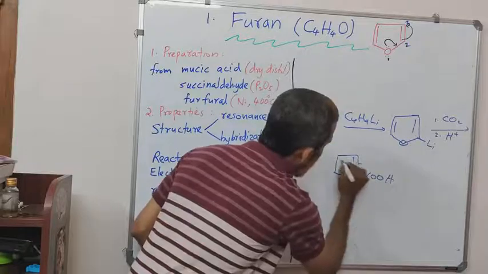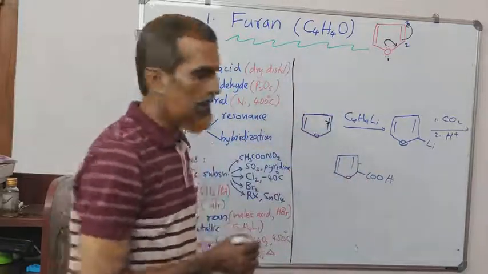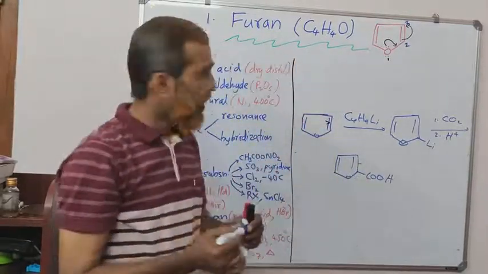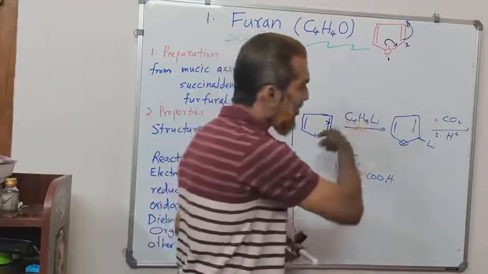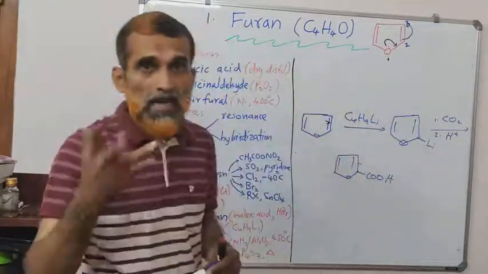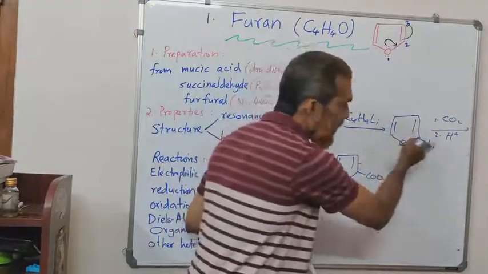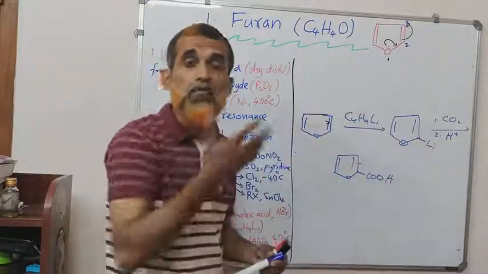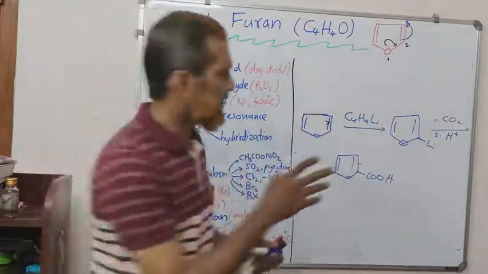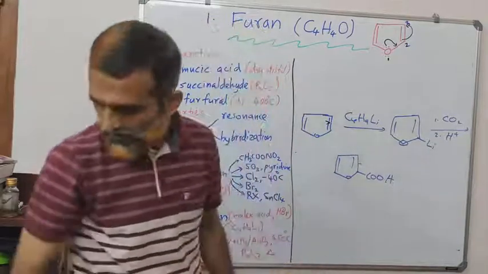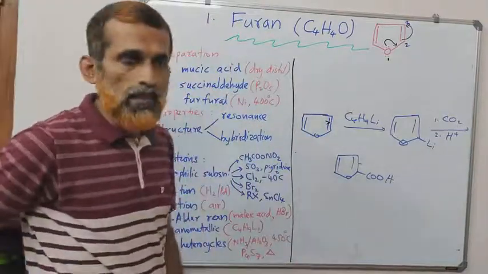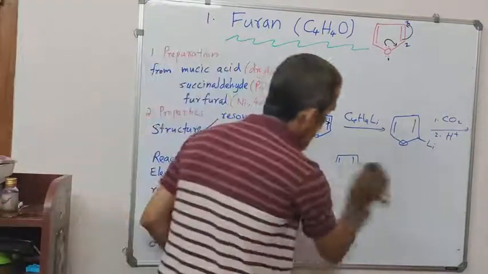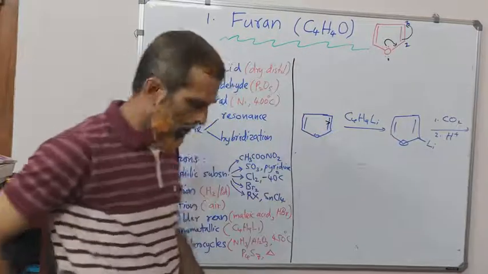So what is the product now? This is furoic acid. So using such organometallic compounds incorporating furan, we can produce various derivatives. This organometallic compound is important in the synthesis of various compounds.